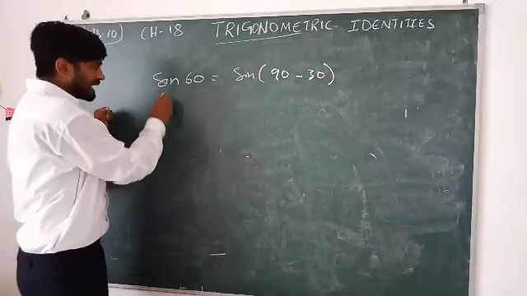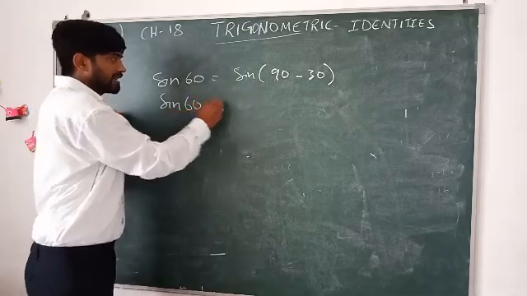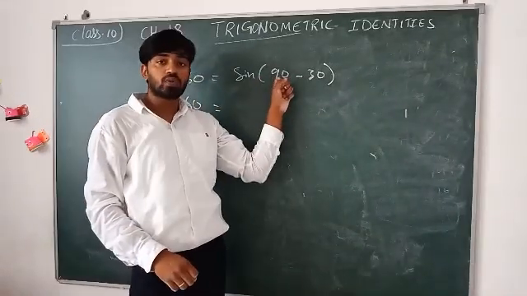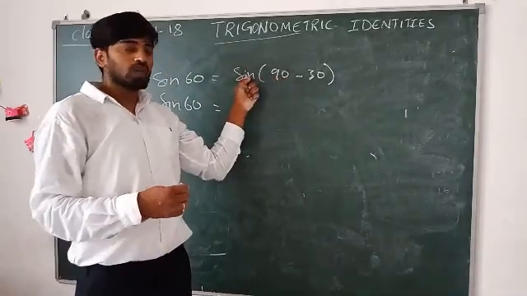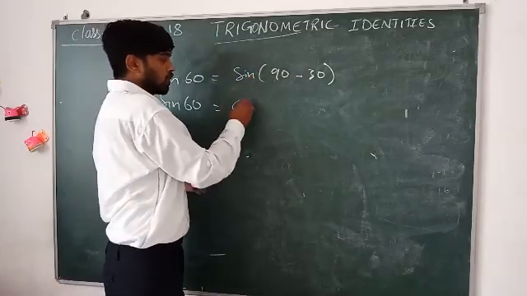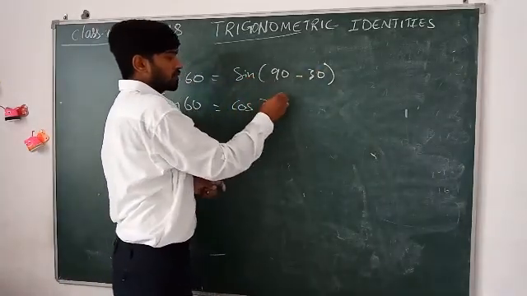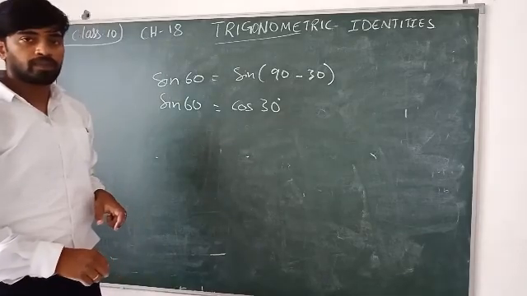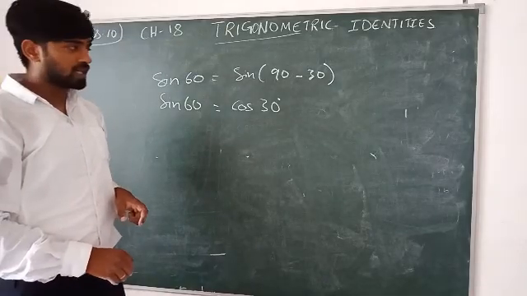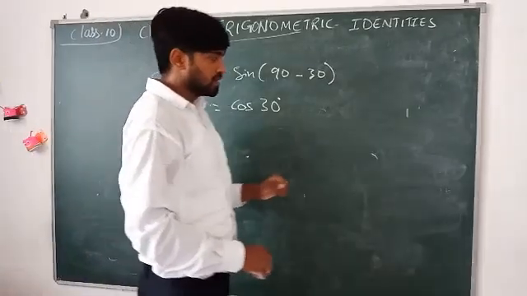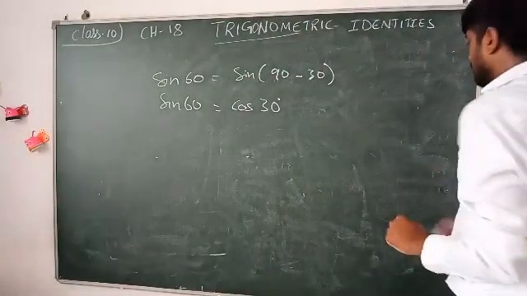Whenever I am putting 90 over here, this is going to change: sine becomes cos, and cos is going to take this value, cos 30. So you guys getting it? If you don't understand this, you can understand it this way.